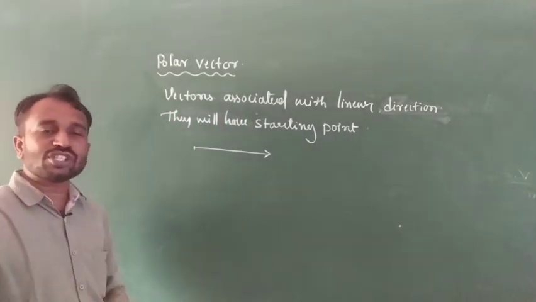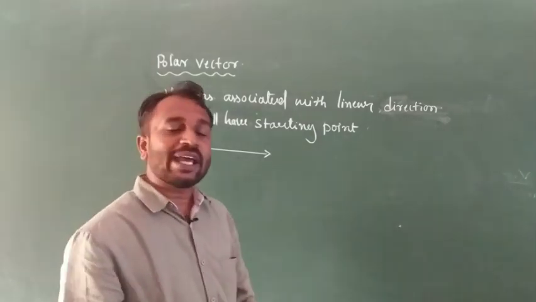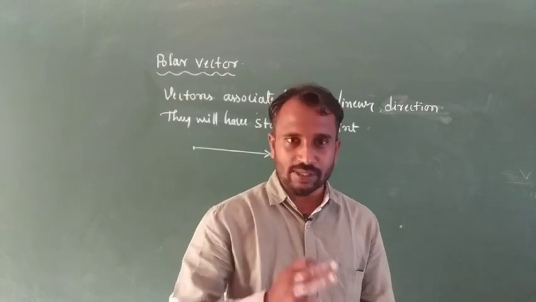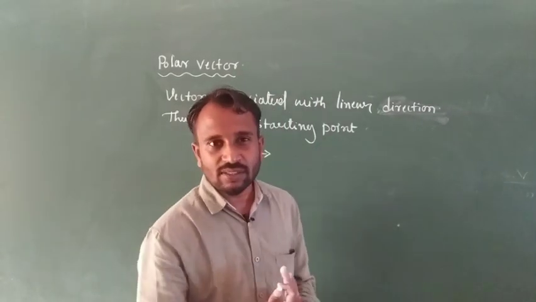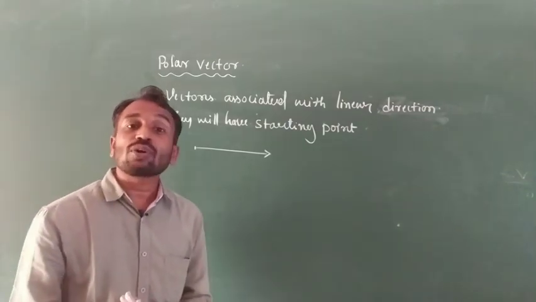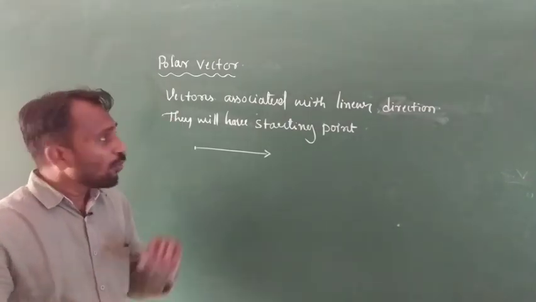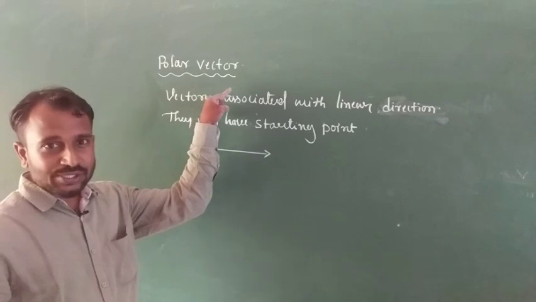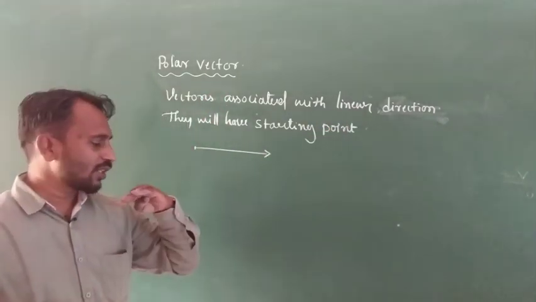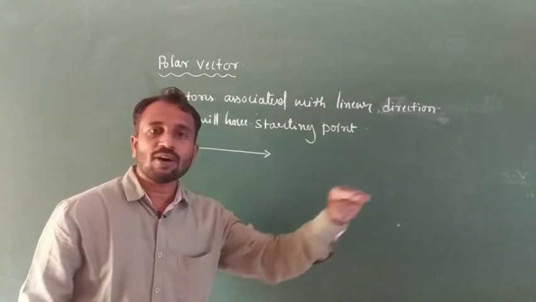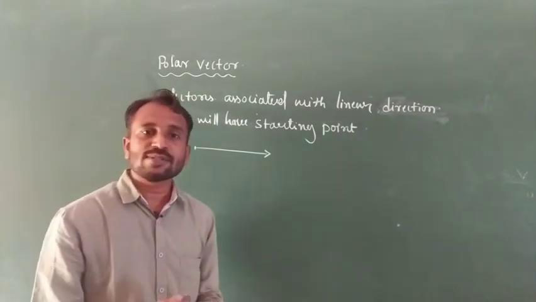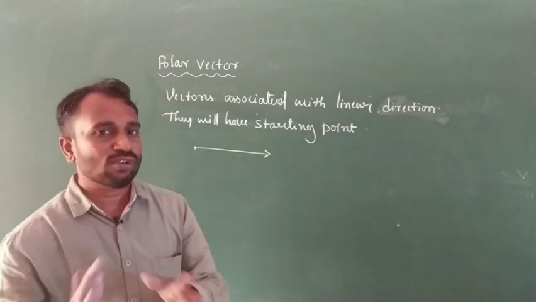If the direction changes, we consider another type of vector, the axial vector. Axial vectors are associated with rotation, but polar vectors are associated with a linear direction. It means the object changes its position along a straight line, and even with the coordinate system, the direction of this vector does not change.